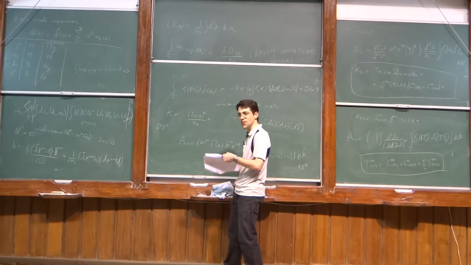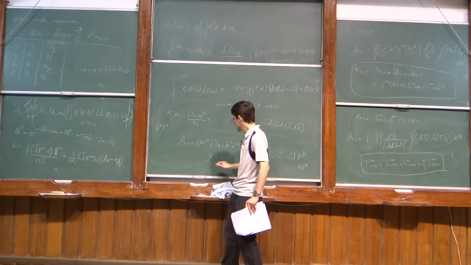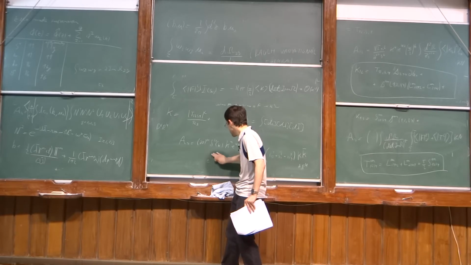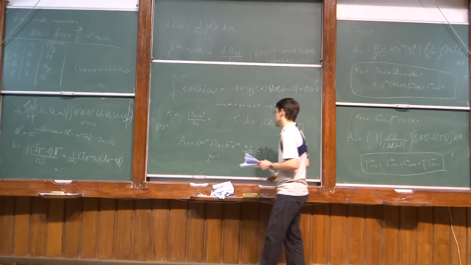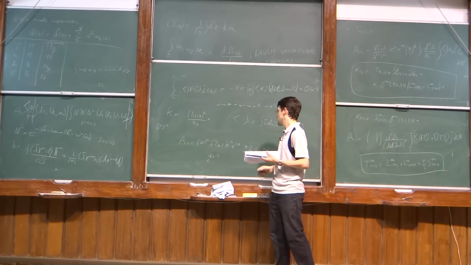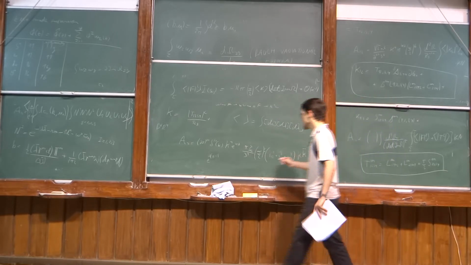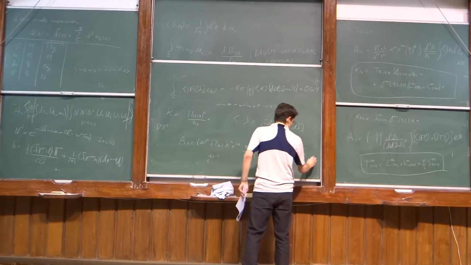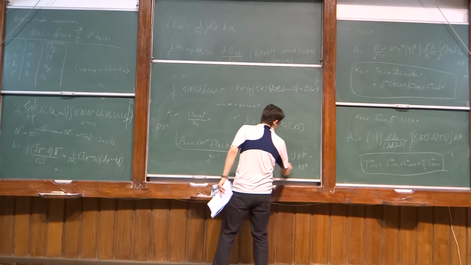What's the power of the open constant? 2g minus 2. Okay, that's g minus 1. 2 times g minus 1 inside the bracket. Okay, so that's the power there. And that's the final result up to higher orders in alpha prime.